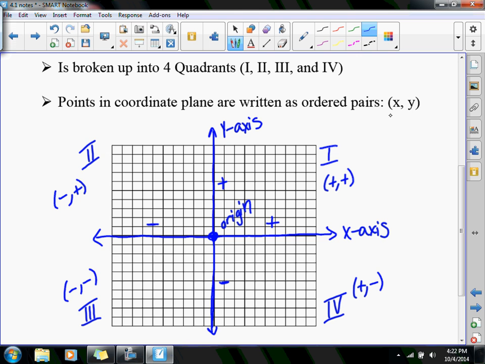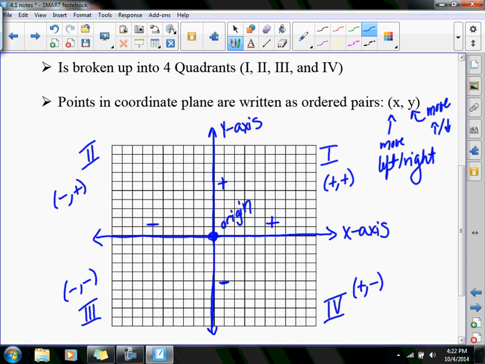So again, when you're plotting those ordered pairs, that x value tells you to move left or right. And the y value tells you to move up or down. I'll abbreviate that with some arrows, since I'm running out of room there.